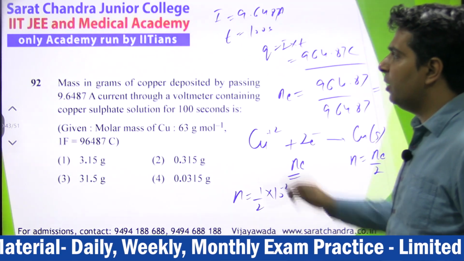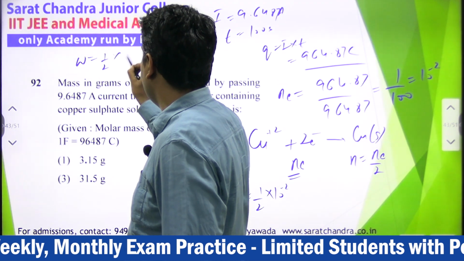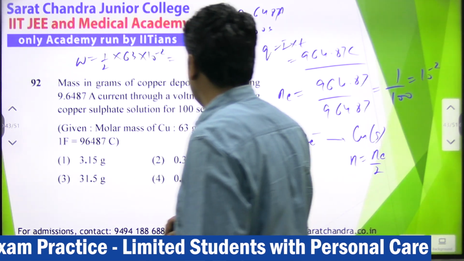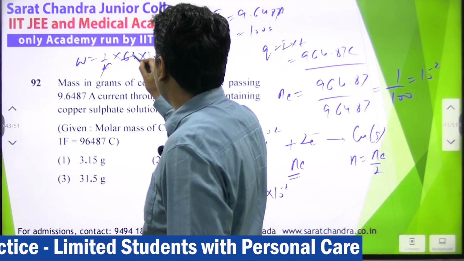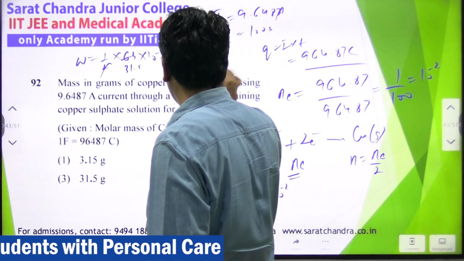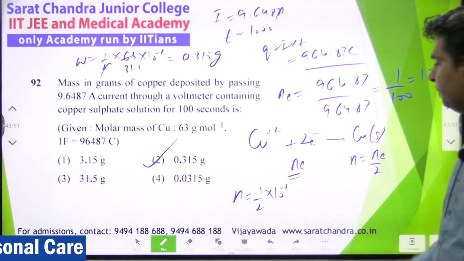And we have to find out the mass of copper. So mass of copper will be number of moles of copper into molecular weight of copper. So this will come out to be 0.315 grams will be the answer. So second option is the answer.